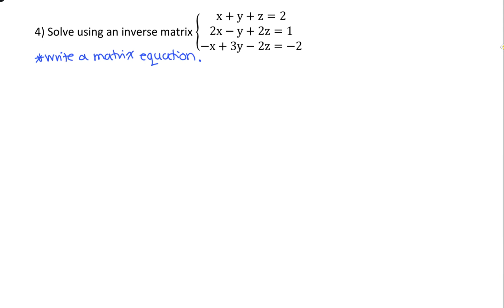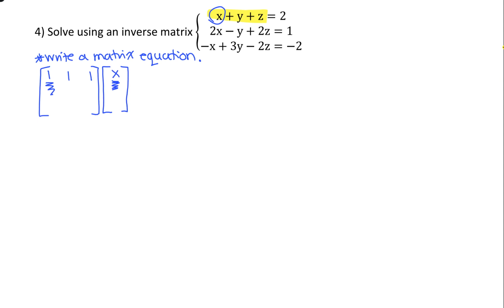Thinking about how this works, we do row times column for our matrix multiplication. I'm going to take the first equation and pull out its coefficients for my coefficient matrix. So here I have 1, 1, 1. With matrix multiplication I multiply row by column, so this 1 has to be multiplied by whatever I put in the first spot, and I need to get a 1x.